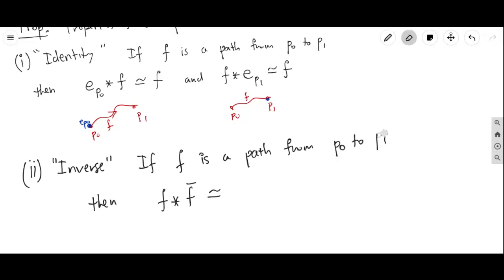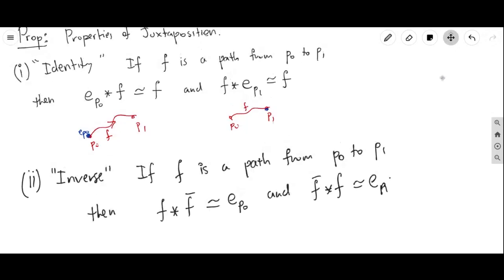So you're going from P0 to P1, and then you're going from P1 back to P0. So this is going to be the constant map at P0, and if you do the reverse path first, and then you follow it by f, that's going to be homotopic to E_P1. So you have these two.